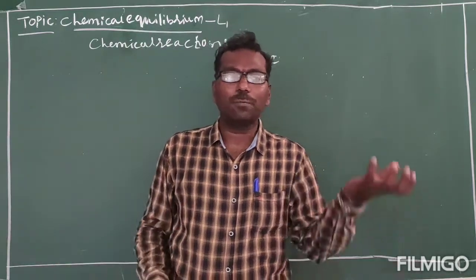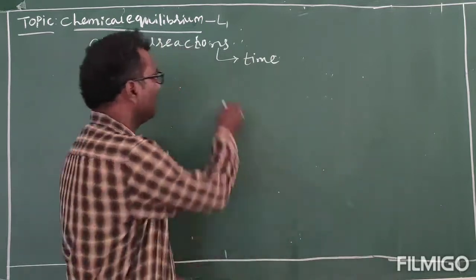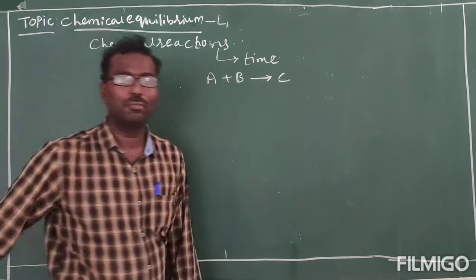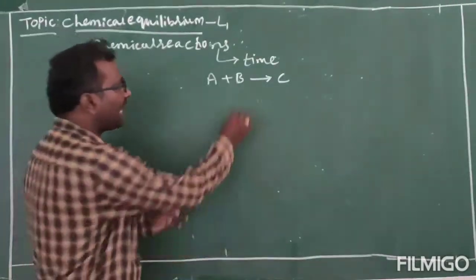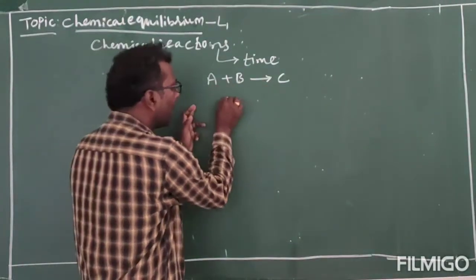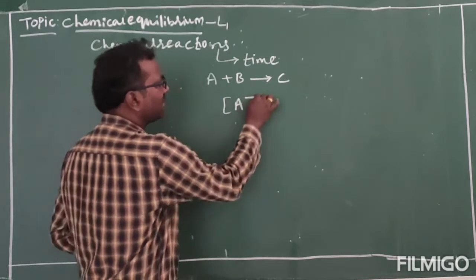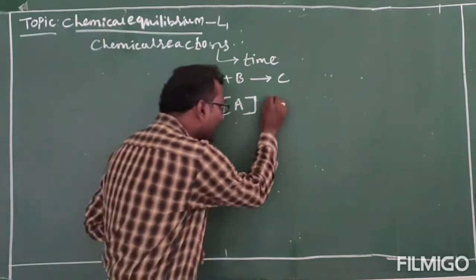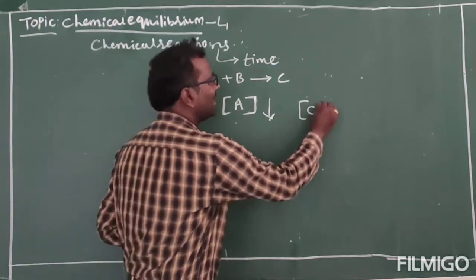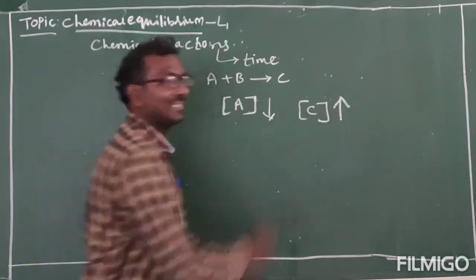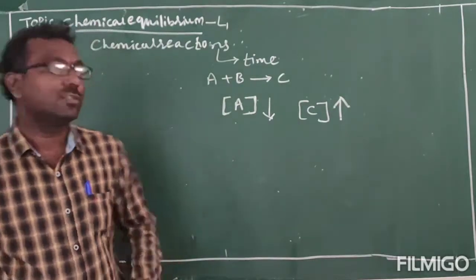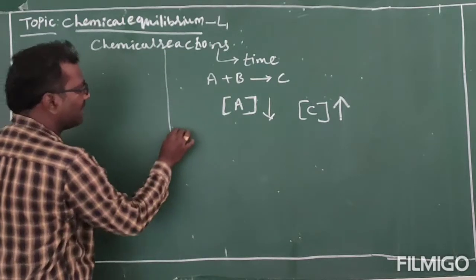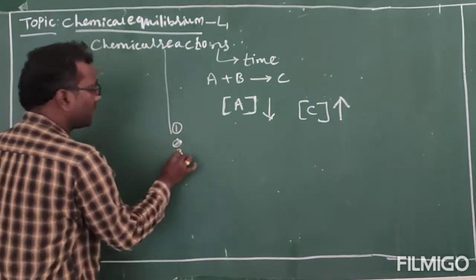Suppose A plus B gives rise to C. As time proceeds, the concentration of A decreases and the concentration of C increases. So based upon the time, the chemical reactions can be classified into 3 types.